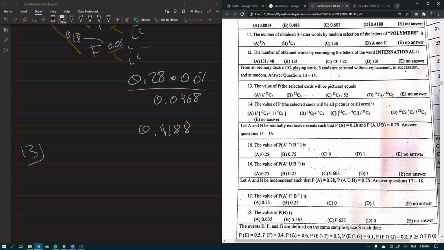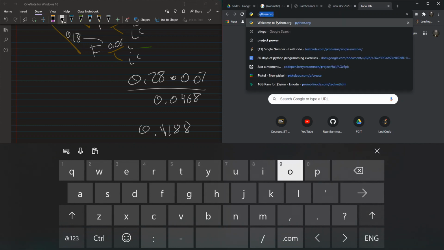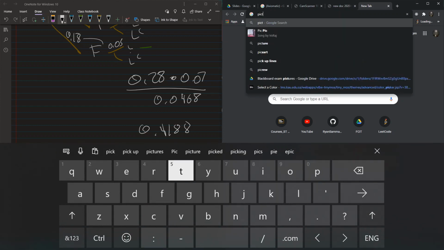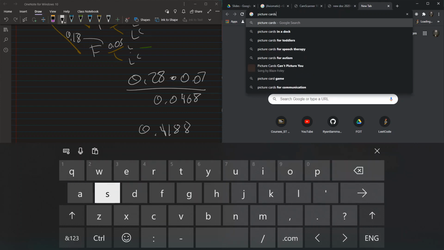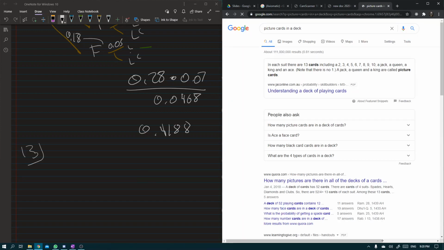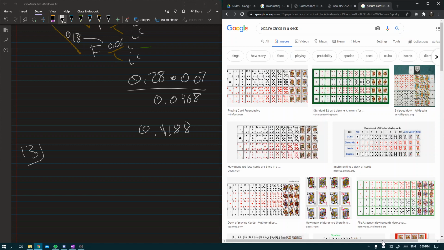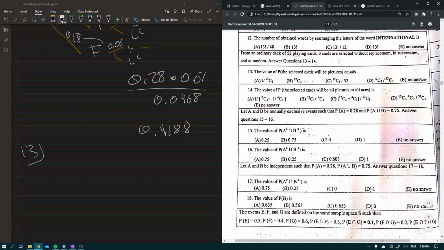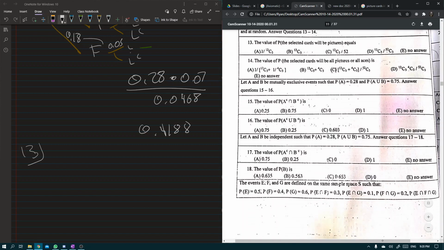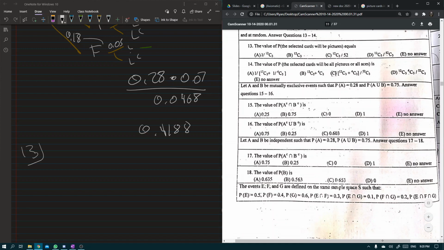Let's just search it. Cards. So basically just skip it.